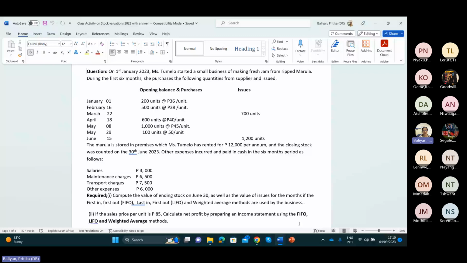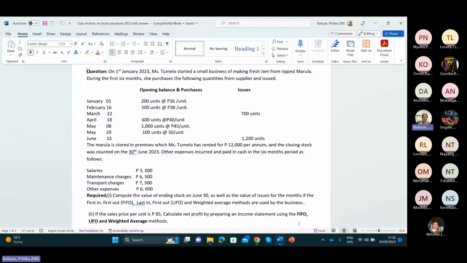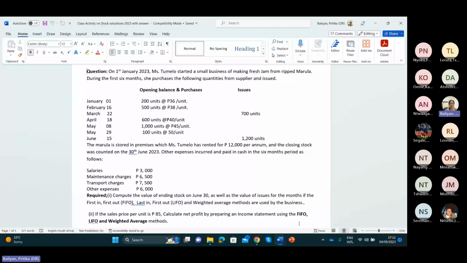Do you also know any advantages and disadvantages of using LIFO method? Any advantages and disadvantages of using LIFO?